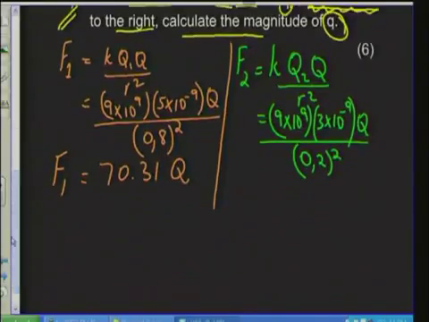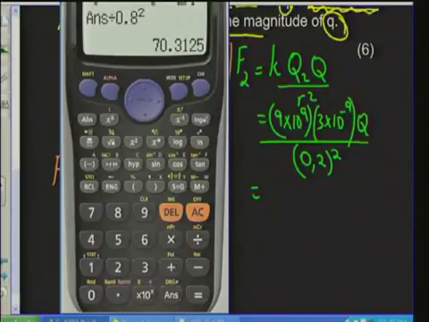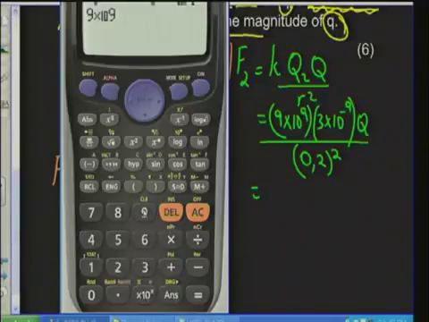So you bring in the calculator and simplify that quickly. We've got 9 by 10 to the 9 times 3 by 10 to the minus 9, divided by 0.2 squared, and you're getting 675.